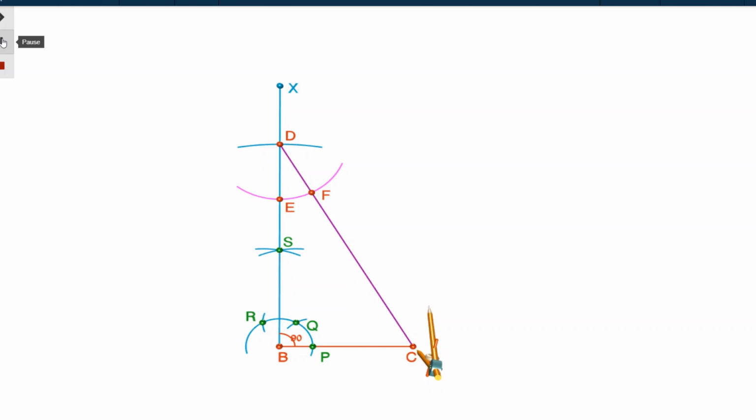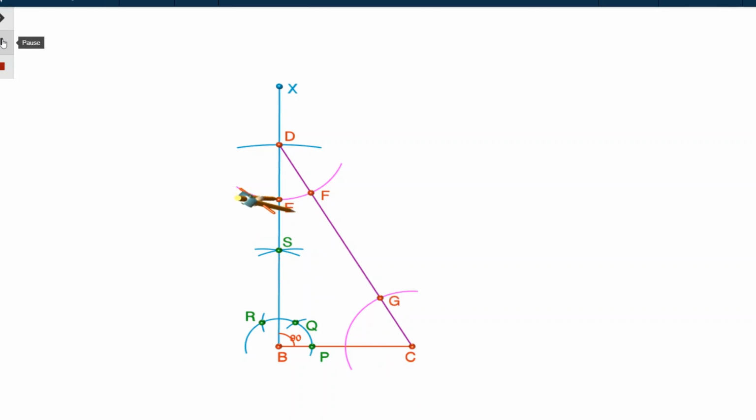We have to construct an equal angle at point C. So with C as center and the same radius, don't disturb what you took at center D, draw an arc, and the arc and the line CD cross at one point.